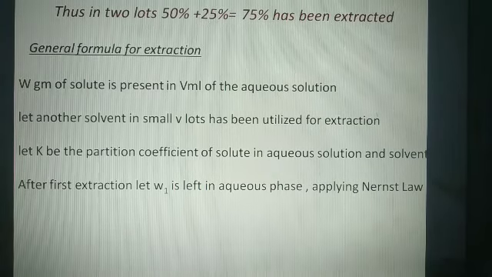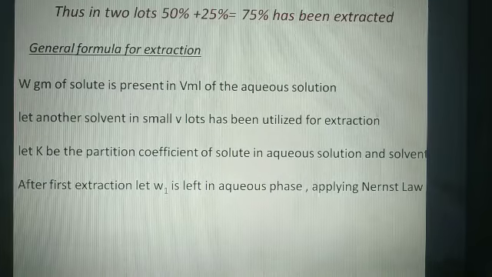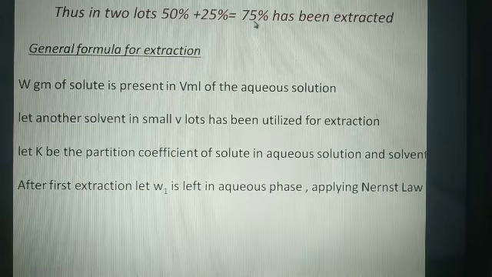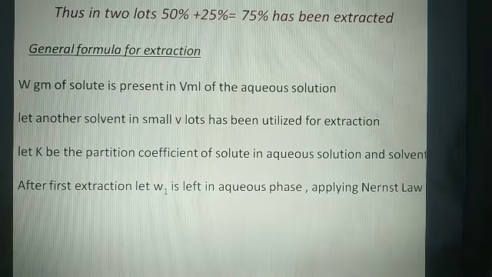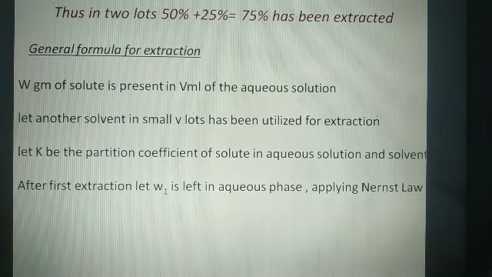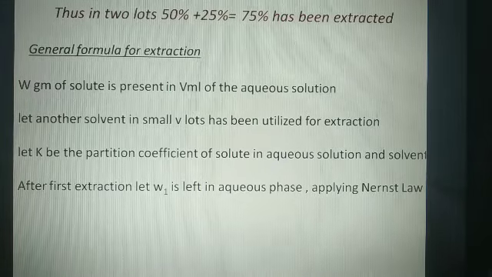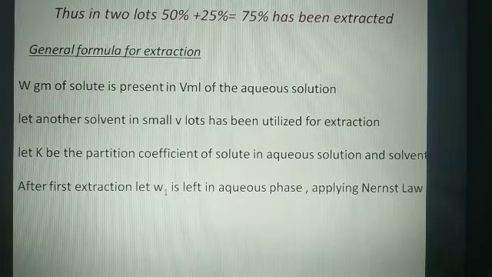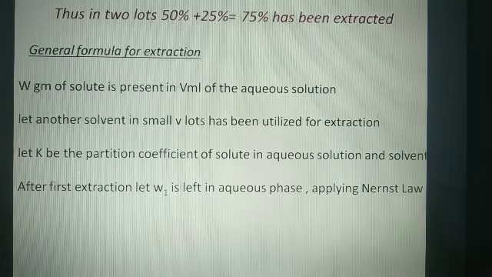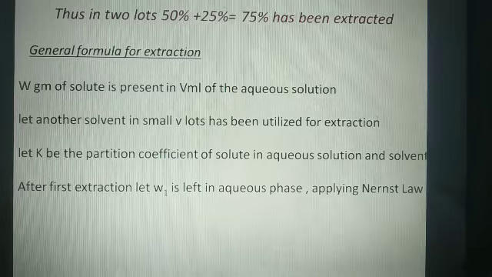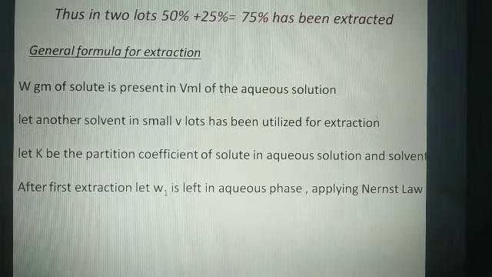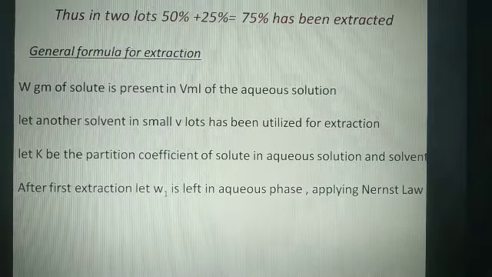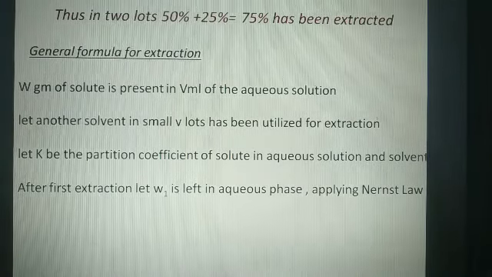How is that being derived? Here in the upper calculations, we only said how much ether is used and made the supposition that x1 and x2 are being extracted by the extracting solvent. Now we will not use the same methodology here. A different methodology is used, that now weights are being taken for the solute in this calculation, and volume in mLs is being taken for the solvent as well as for the extracting solvent.